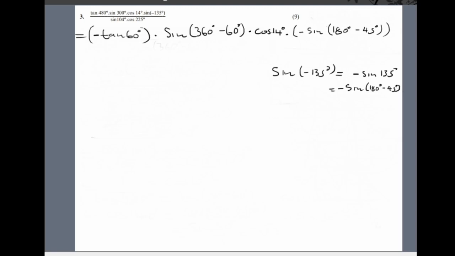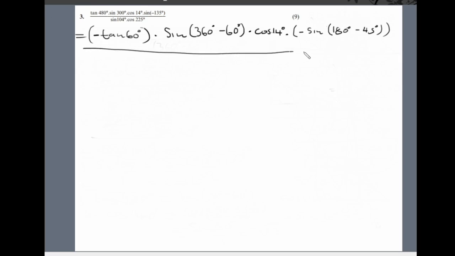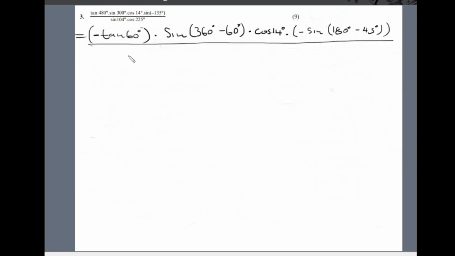Okay, and then we go to the denominator. The denominator has sine 104. Okay, let me write it as sine 104 for now, and then we have cos 225.